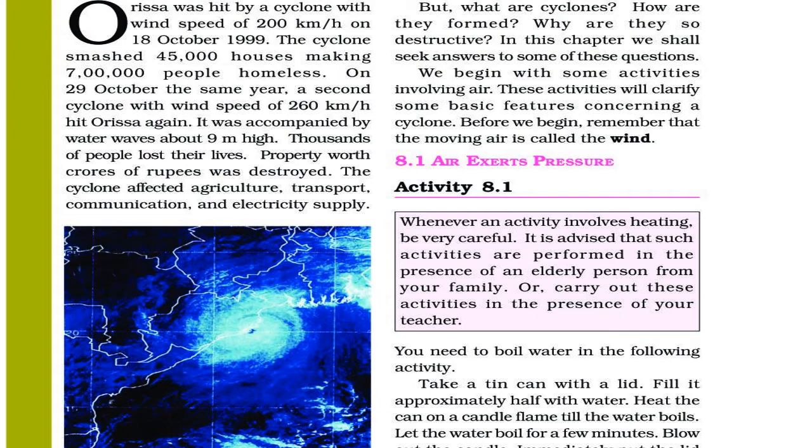On 29 October, the same year, a second cyclone with wind speed of 260 km per hour hit Orissa again. It was accompanied by water waves about 9 meters high. Thousands of people lost their lives. Property worth crores of rupees was destroyed. The cyclone affected agriculture, transport, communication and electricity.